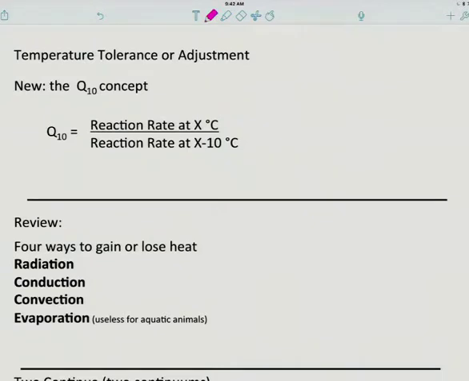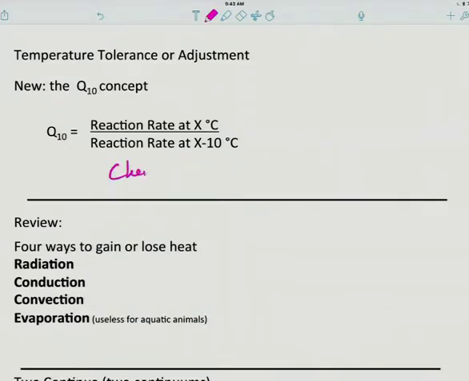Now, if we were talking a typical chemical reaction going between, say, 20 and 30 degrees or 25 degrees and 35 degrees centigrade, the reaction rates change by about a factor of 2 or 3. You increase the rate of random molecular motion, molecules encounter each other more often, they hit an enzyme or whatever it is more often with more energy, you double or triple the reaction rate. Okay, typical chemical reaction. In animals, that often does not happen.